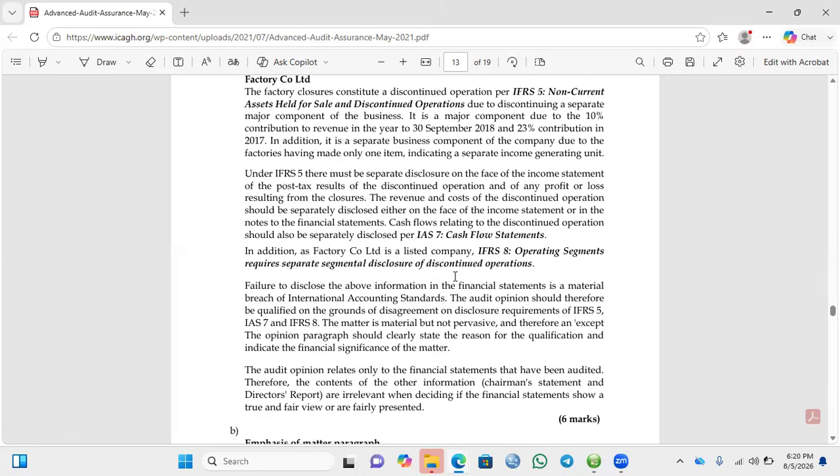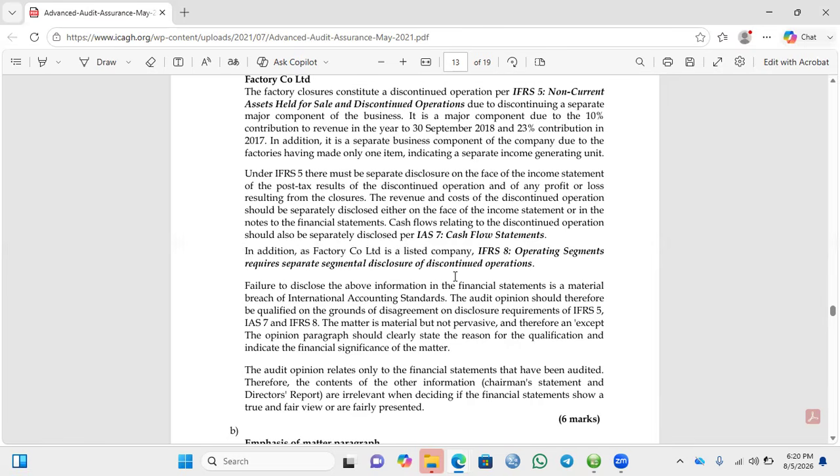I can't seem to see that point. Senior colleagues, please, what are you seeing? Me, I'm not seeing anything with this Factory Co Limited.